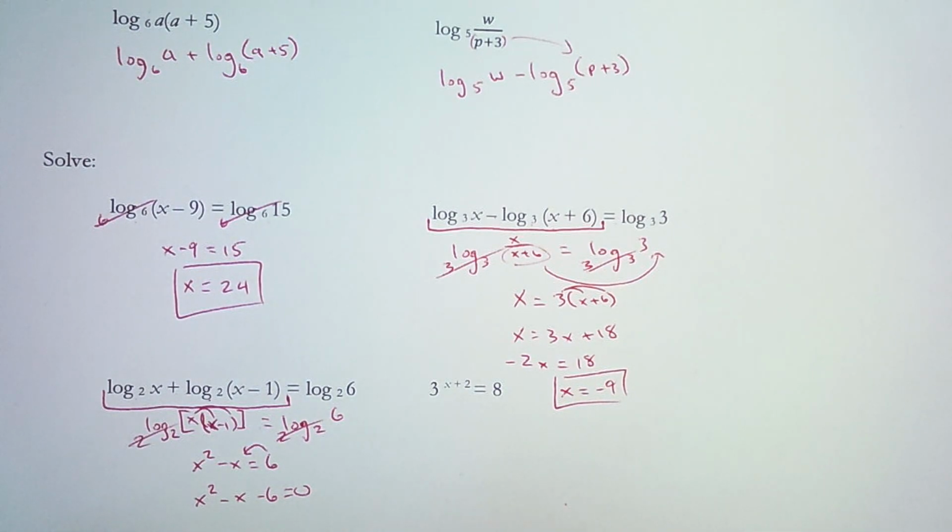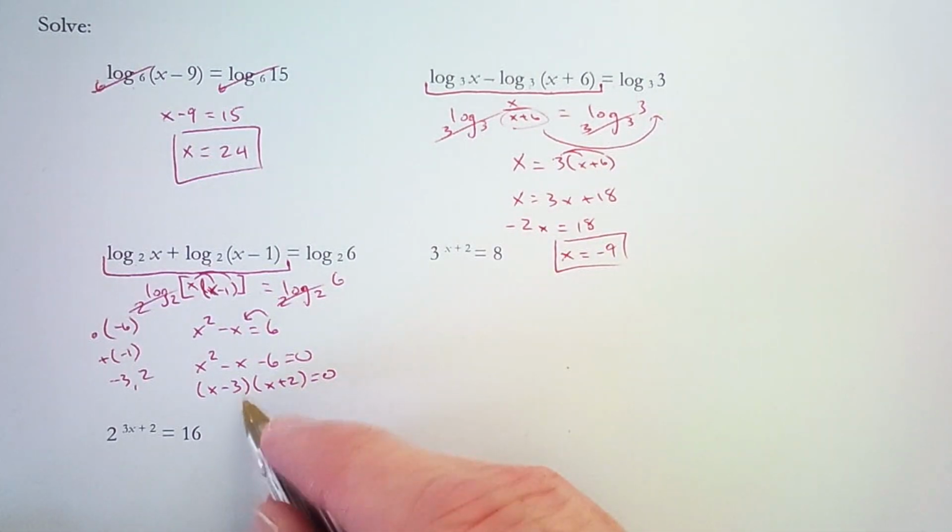To solve this, I need two numbers that multiply to make negative 6 and add up to negative 1. So I'm factoring. Numbers that multiply to negative 6 and add to negative 1 are negative 3 and 2. So I've got x minus 3 and x plus 2 equals 0.